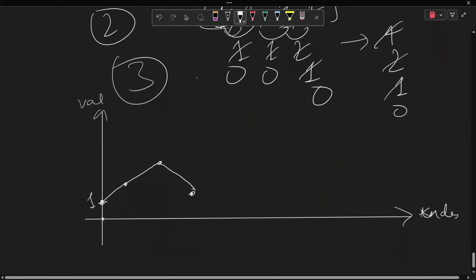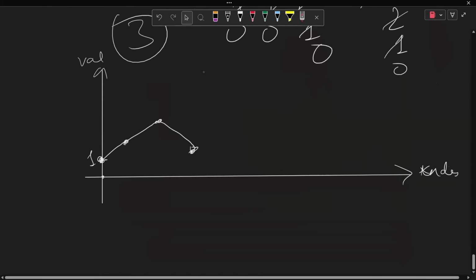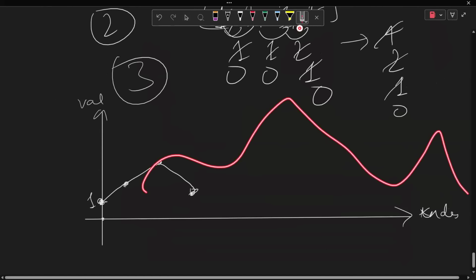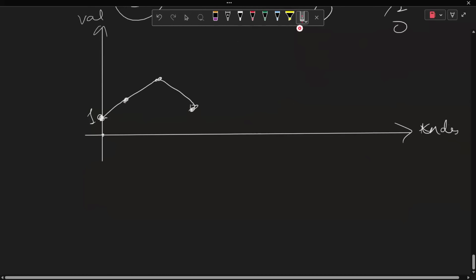So I had my array something like this. How can you reduce the difference if you look at it? What's your difference? This difference is a 1. This difference is a 1. This difference is a 2.